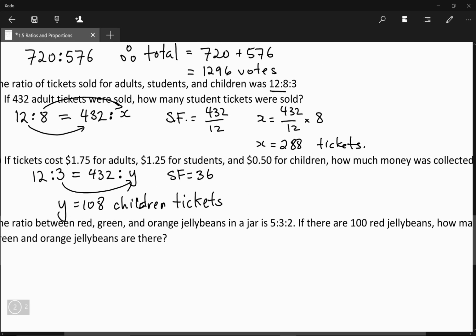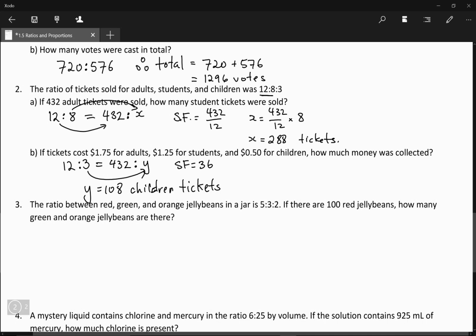Okay, so how much money was raised in total? So in total, the total amount is equal to $1.75 for the adult tickets, and I sold 432 in total. I have to multiply them. Then I'm going to add the student tickets.